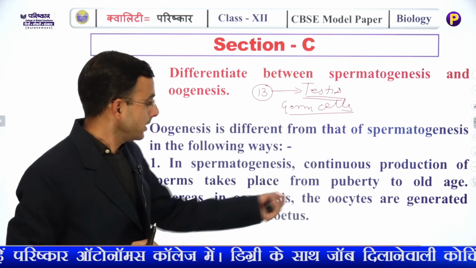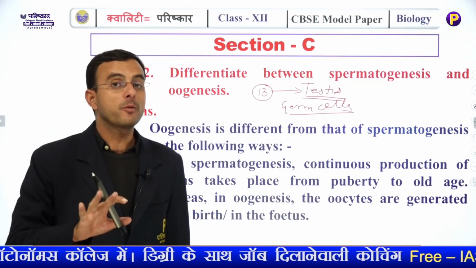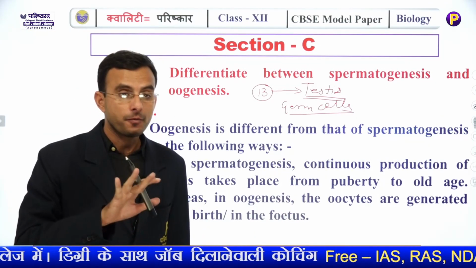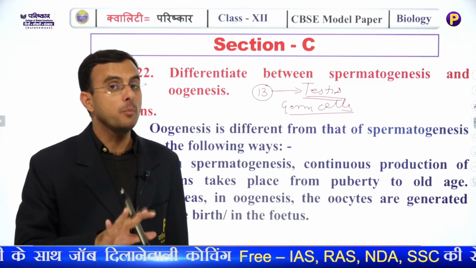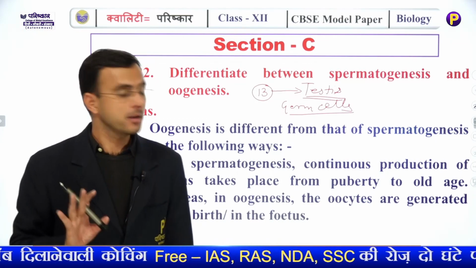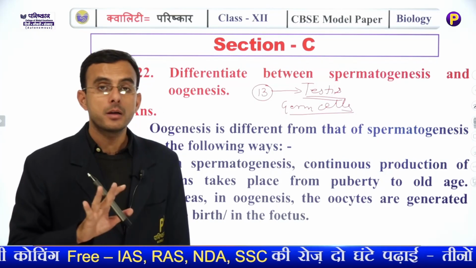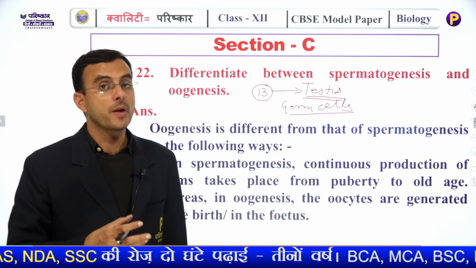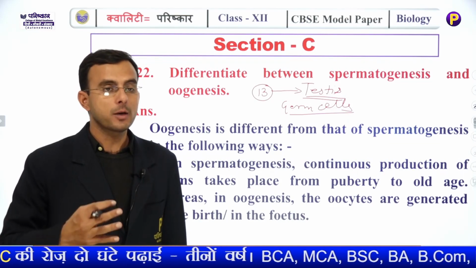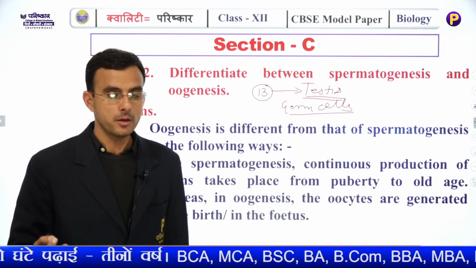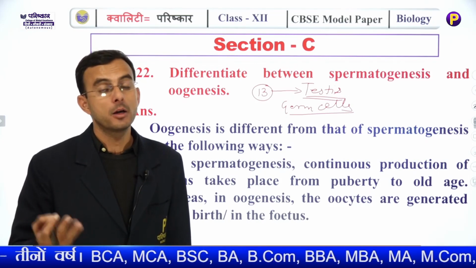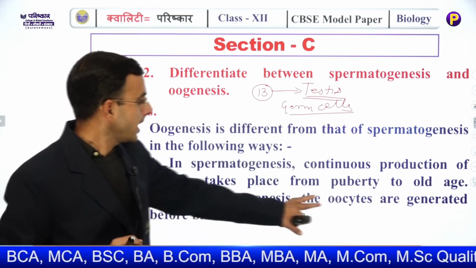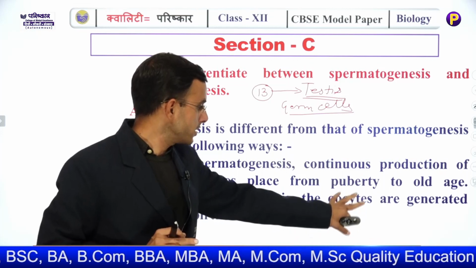The oocytes are already formed in the ovary at the time of birth of a female child, and in the ovary the number is fixed. After that, the oocyte is converted into the egg during puberty. So that is the first and foremost difference.